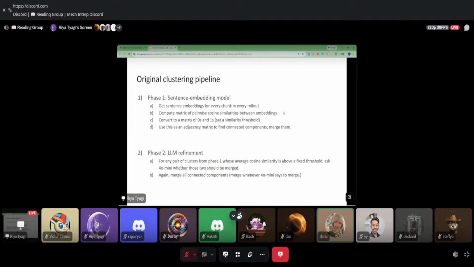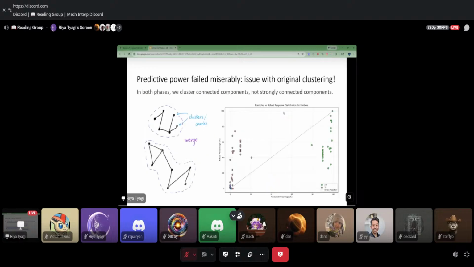Yeah, this was our original pipeline, which I already talked about. So let's go to the next slide. The thing I described earlier, where we were merging things by semantic similarity whenever it was above a threshold, failed miserably on our proxy task. I will describe our proxy task later, but on the right here you see what was supposed to happen.